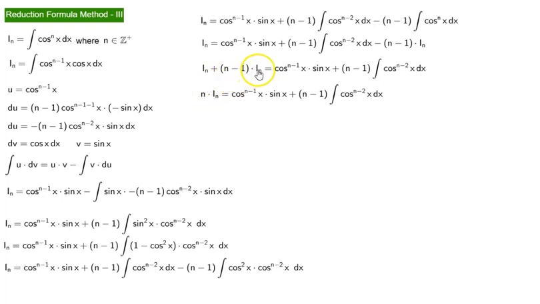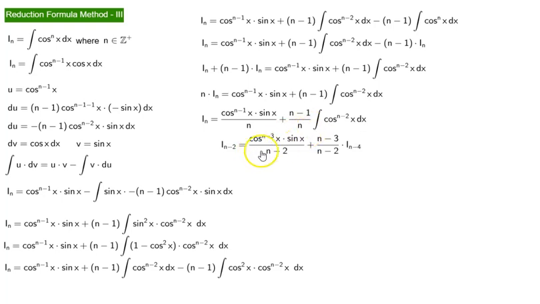We are left with n times I_n. And now we take the n to the other side, so that we get I_n is equal to cos to the power of n minus 1 x times sin x divided by n plus n minus 1 by n times the integral of cos to the power of n minus 2 x dx.